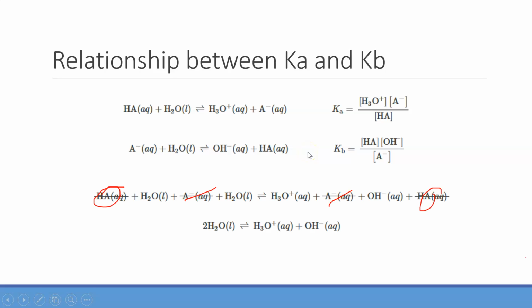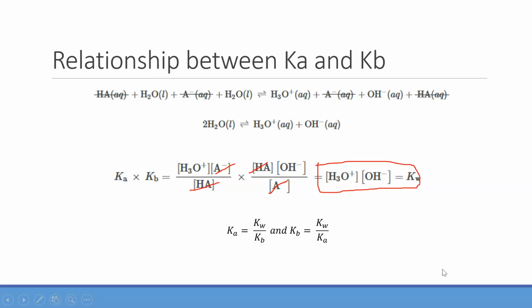We can actually add these two equations together. We take these four components, and then we cancel the ones that are the same on both sides. Now we're left with 2H2O going to H3O plus and OH minus.